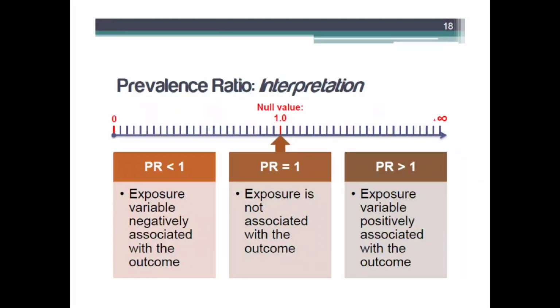Kapag naman the prevalence ratio is equal to 1, yun yung exact value niya, 1. That means that your exposure is not associated with the outcome. Ibig sabihin nun, walang kinalaman yung exposure variable doon sa outcome mo. And lastly, if the prevalence ratio is greater than 1, which is yung value na nakuha natin, 1.3, that means the exposure variable is positively associated with the outcome.